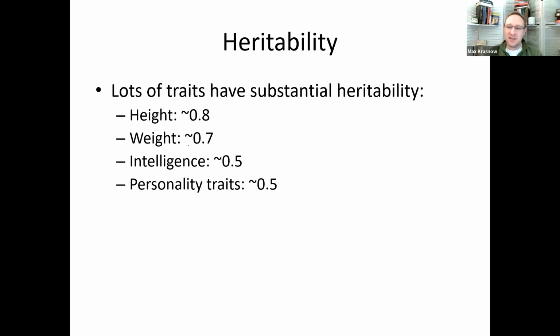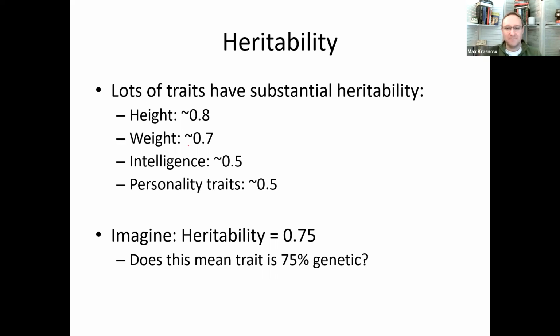Imagine that you learned that a trait like, say, hand-eye coordination had a heritability of 75%. What does that tell you about it? Would you want to say that hand-eye coordination is 75% genetic?